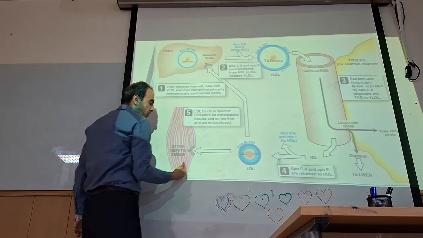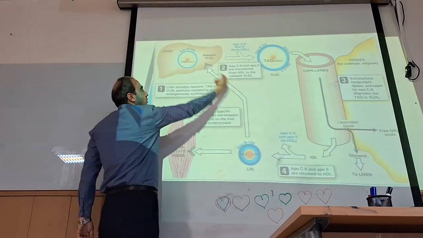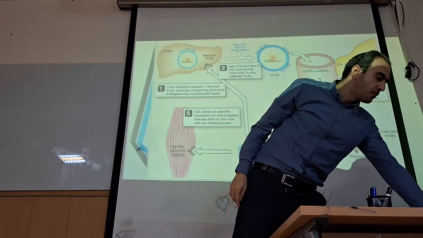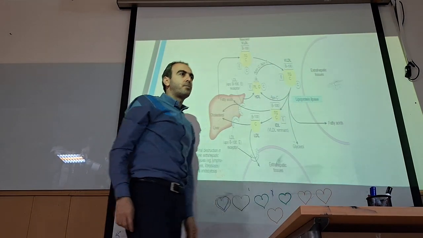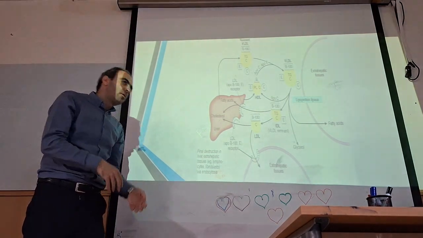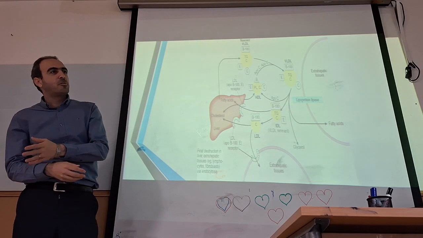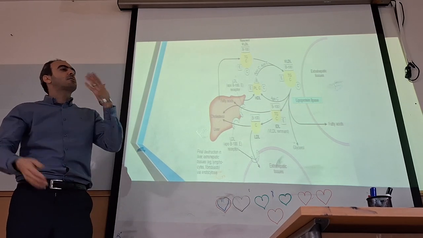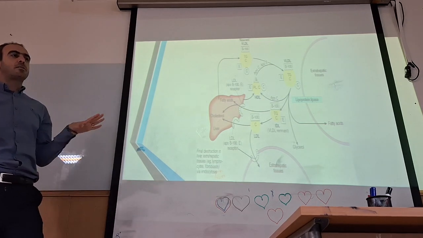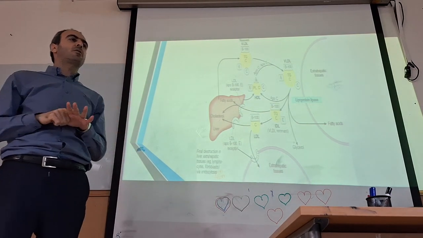LDL has two fates, go to extrahepatic tissue or go to the liver. When IDL goes to the liver, what happens to it? It is digested, can be stored, and can be synthesized again as VLDL. It's dependent on the situation, condition, and hormonal level.